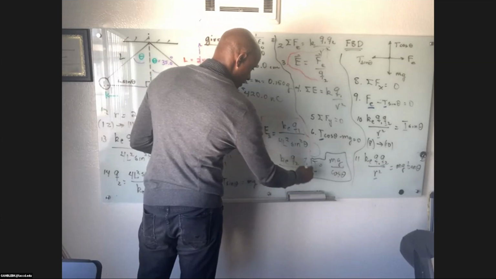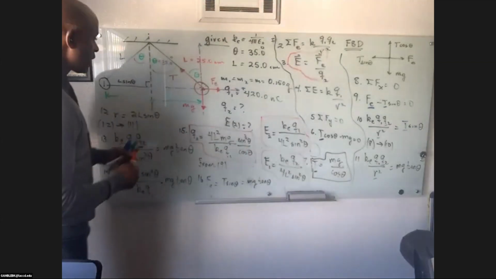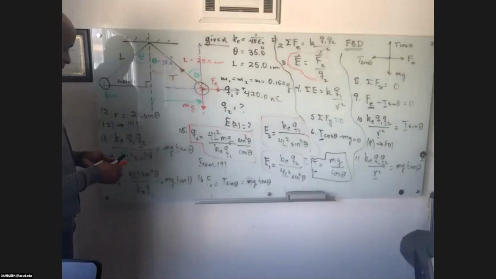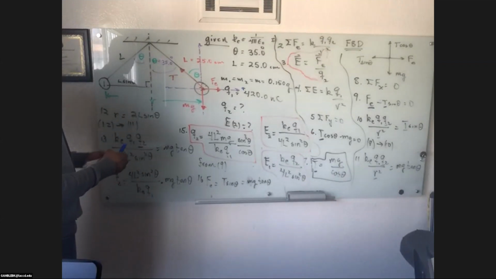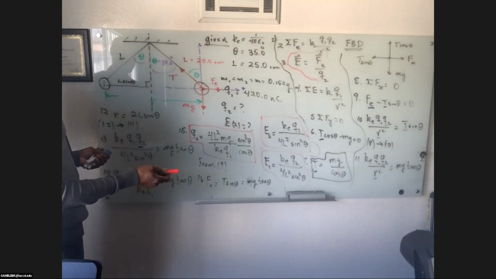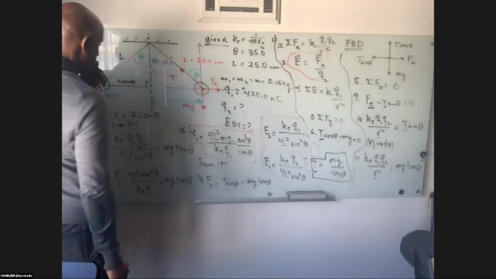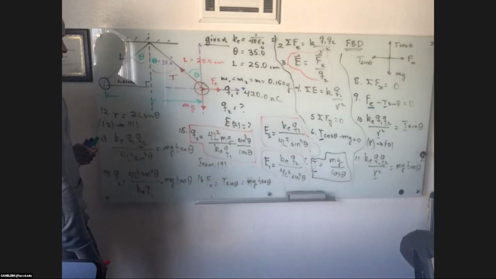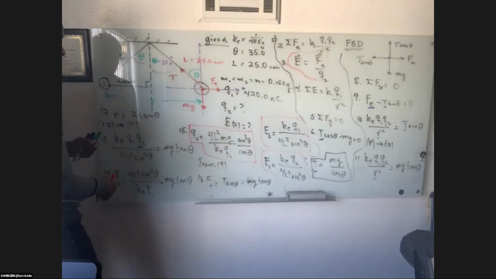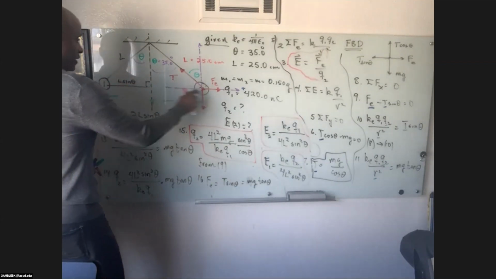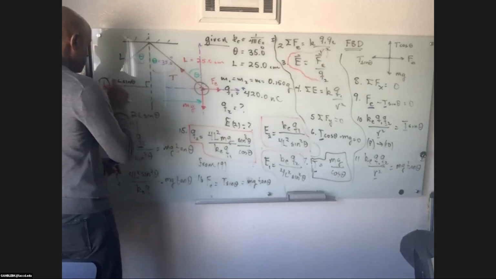One other thing is that here you would have to explicitly use Newton's third law. Even though the masses in this case are the same, I made them the same, but even if they weren't, the charge certainly is not the same. By the third law, this Fe is a force on charge 2 due to charge 1.